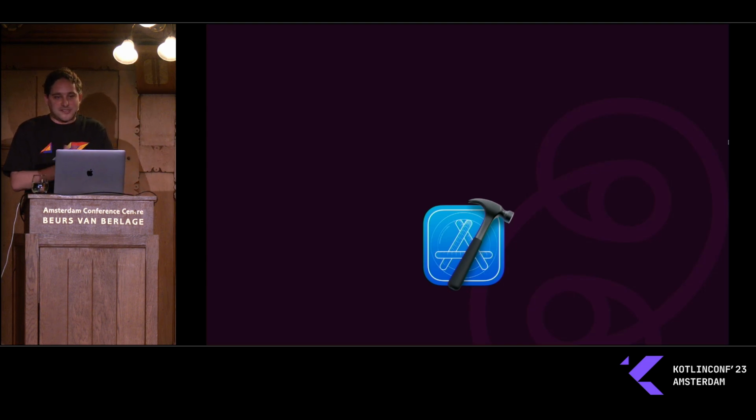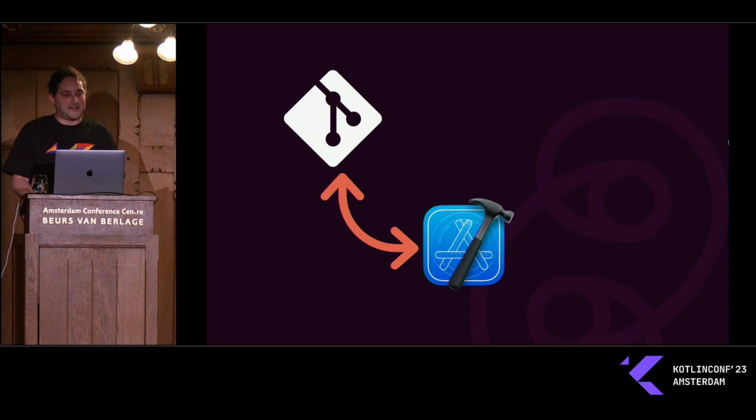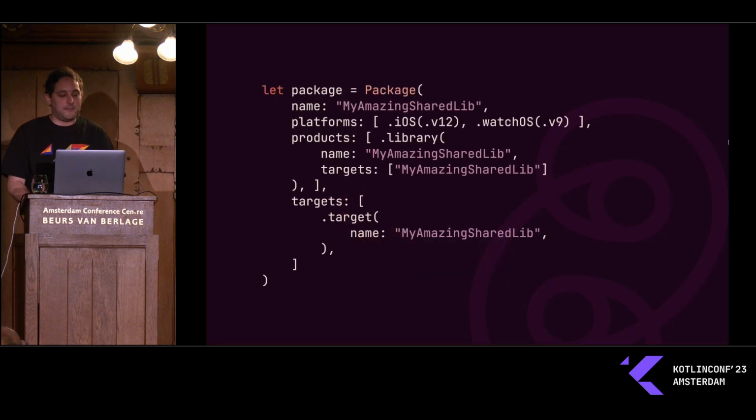The way SPM works, it's not like Maven. The way SPM works, a package is a Git repository. So Xcode connects to that Git repository and downloads the sources of a dependency, the sources of the package, and builds it. And how does it build it? Well, it reads from a Package.swift file that describes what the sources contain and how to build them.